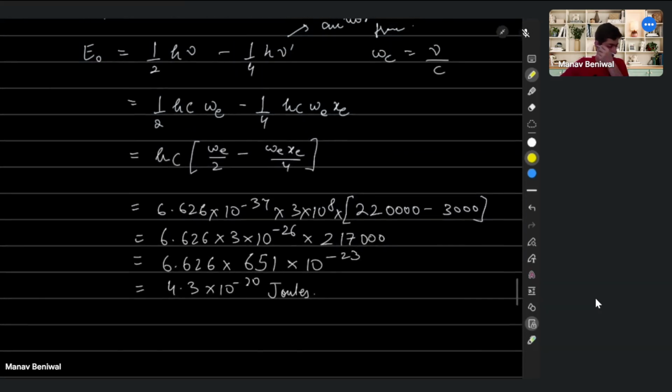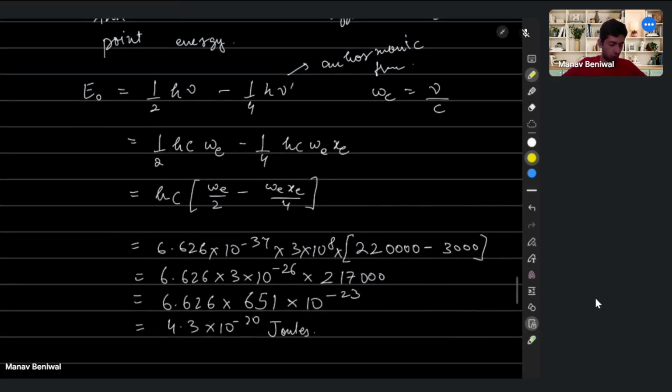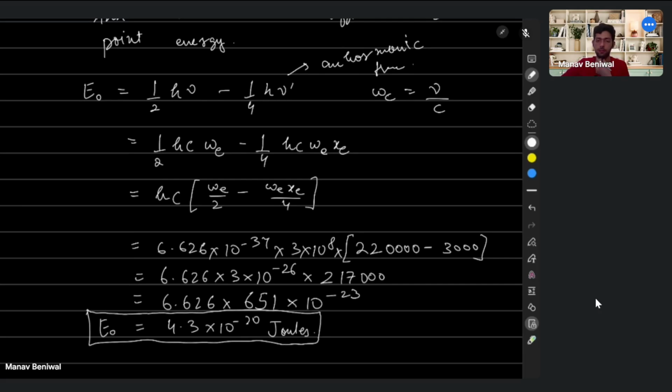So this is our zero point energy, and you can see that this is really very small.